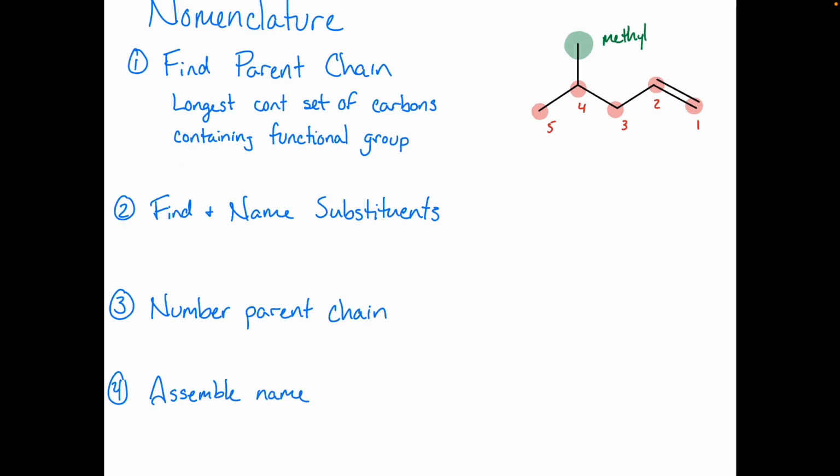In this case, we have to include that methyl group on carbon 4, so this would be 4-methyl. The double bond is located between carbons 1 and 2. Remember, we always refer to it by the lower of the two numbers. So this would be 4-methyl-1-pentene.